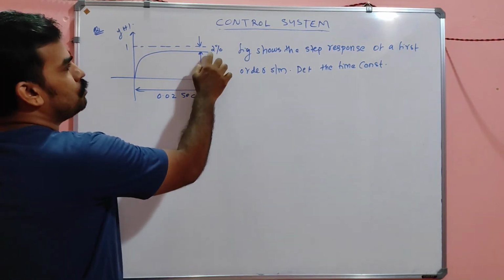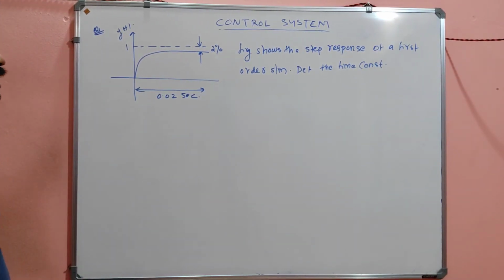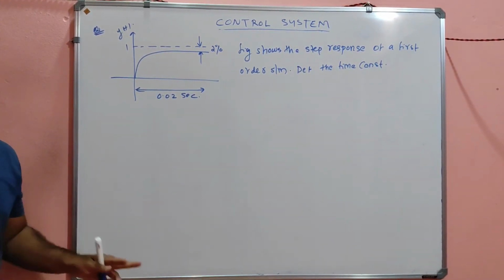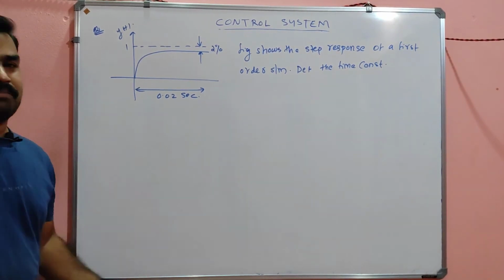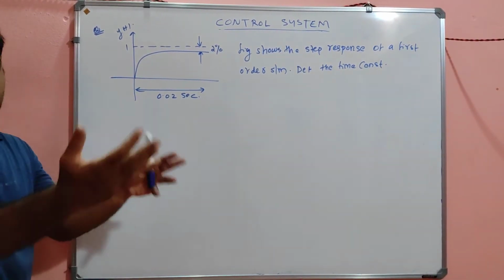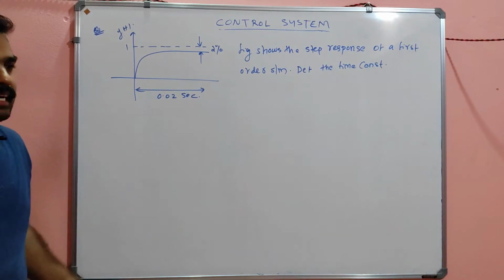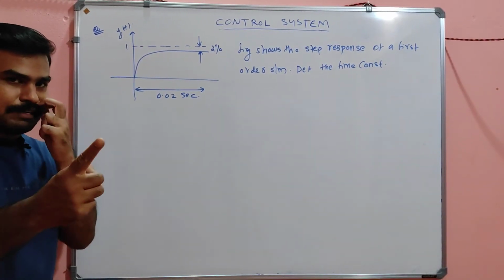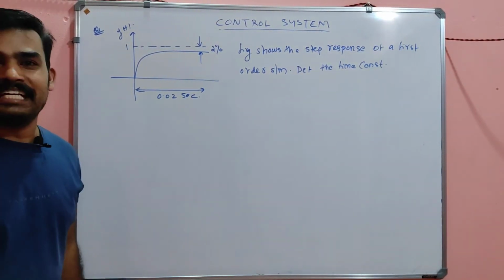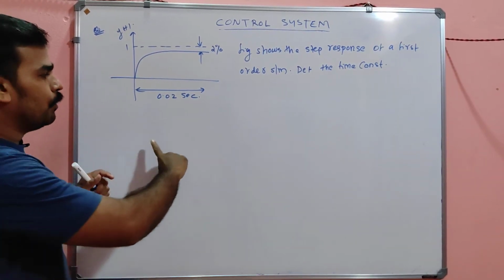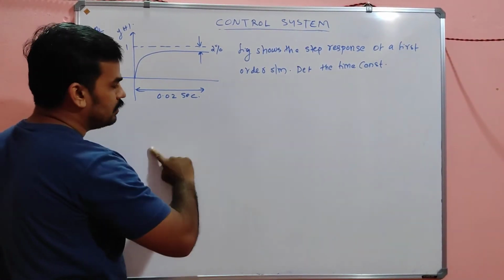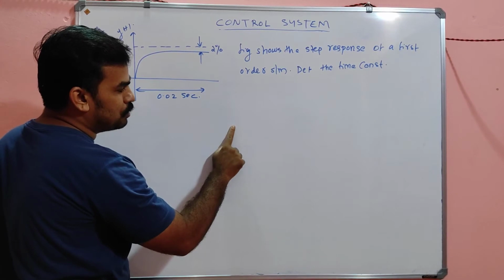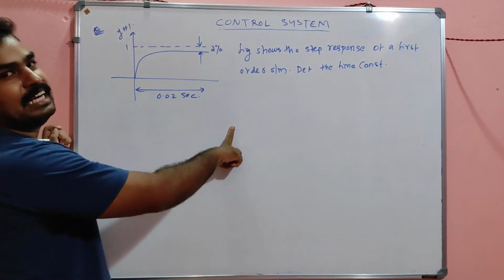Here the tolerance is 2%. What is the physical meaning of that? If you apply some input, there will be some response. The response does not suddenly attain the final value, like the pointer of an indicating instrument. It slowly comes there, oscillates for some time, and finally settles.